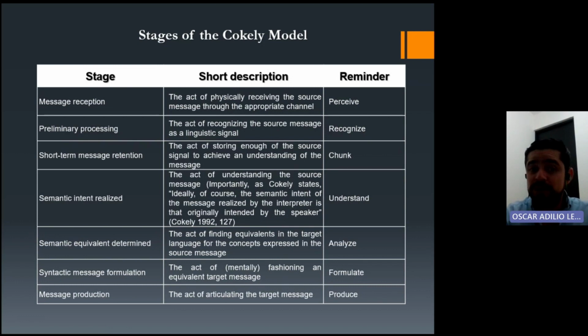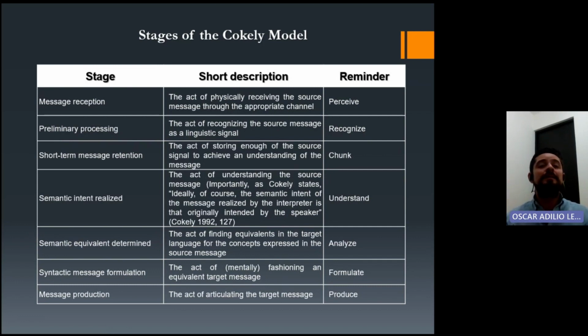Then we go into a short-term message retention. This is the act of storing enough of the source signal to achieve an understanding of the message. Basically, our ear receives the vibration. Our brain detects that there is an important sound and that the sound has a code that I can understand.